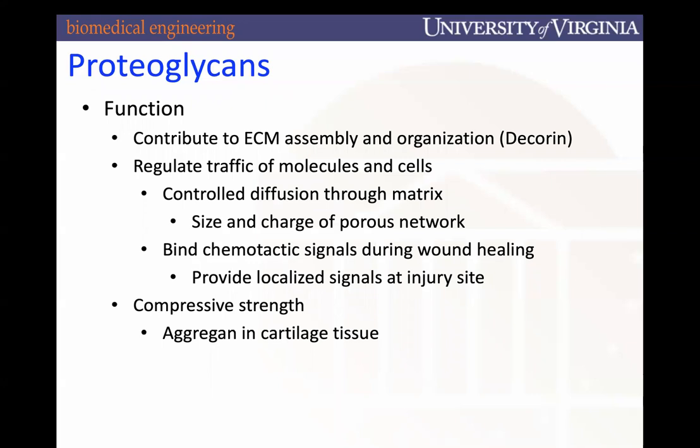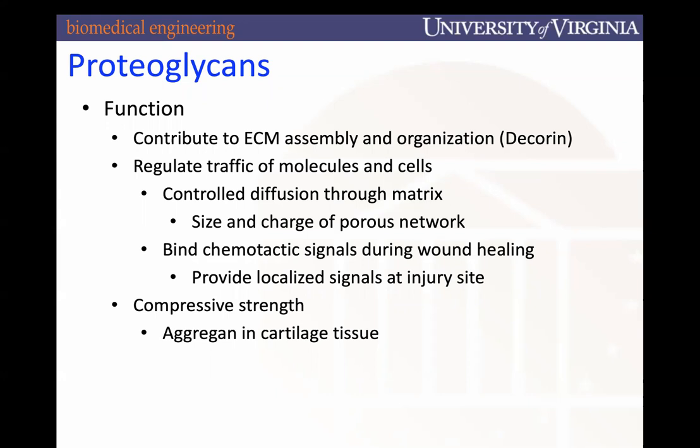So some of the key functions to take note of for proteoglycans here. They are really key for the assembly and organization of our ECM. For example, decorin has a collagen binding region, and so that enables it to help contribute to collagen organization within our connective tissue ECM. It can also regulate the traffic of molecules in cells, and so we talked about how heparin has this growth factor binding domain, and so it can regulate the availability of molecules.